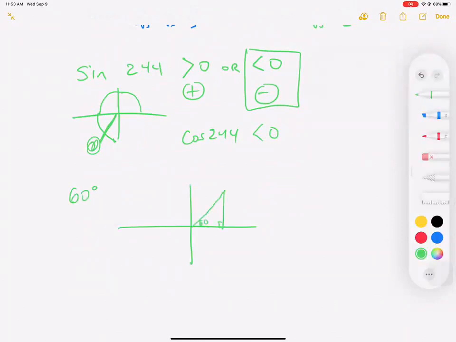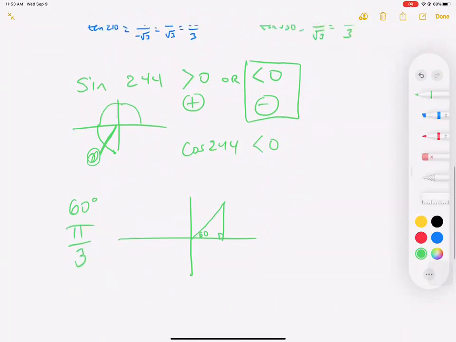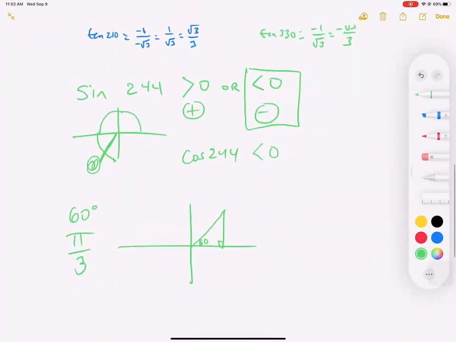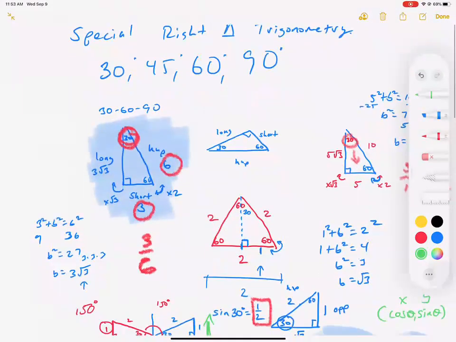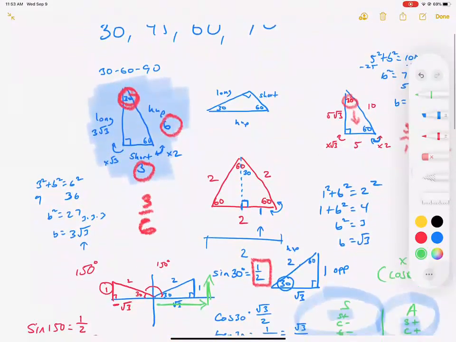So 60 degrees can also be known as pi over 3. Back here, 30 degrees is pi over 6. Okay, 30 degrees and pi over 6 are synonymous with each other, just speaking a different language.